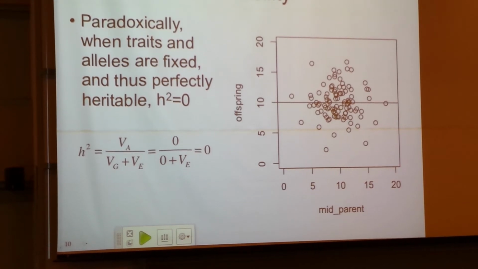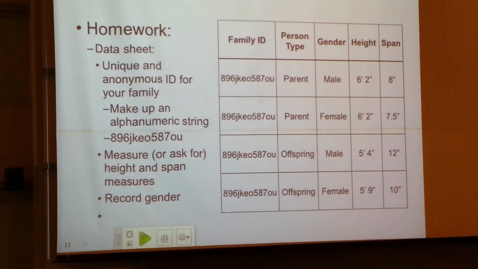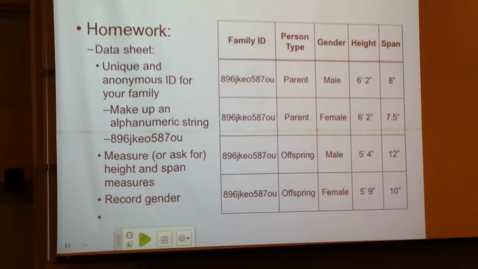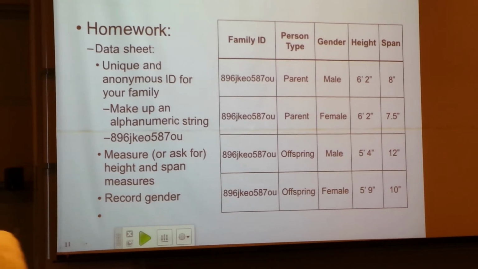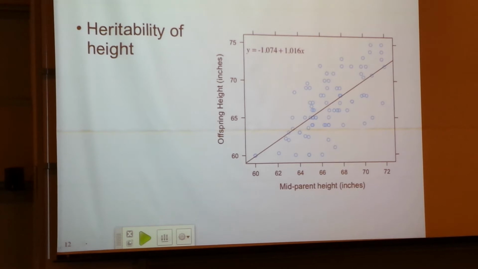Let's talk for just a minute about the heritability workshop. All of you submitted some data that looks something like this. There we go. And this is what we found. So this is mid-parent height and offspring height.